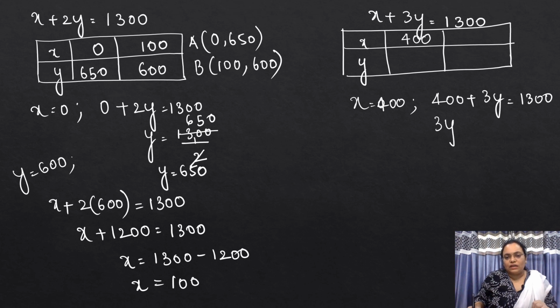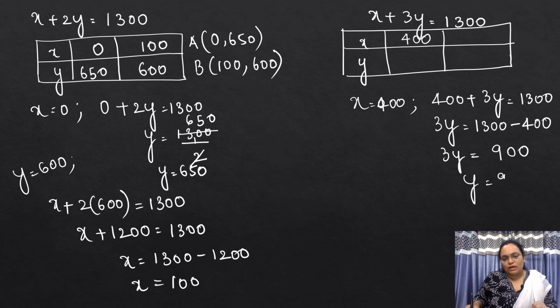So 3y is equals to 1300 minus 400, which is 900. y is equals to 900 divided by 3, which is 300. Okay. So you will get y as 300.